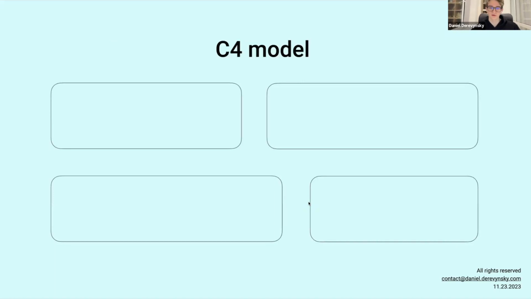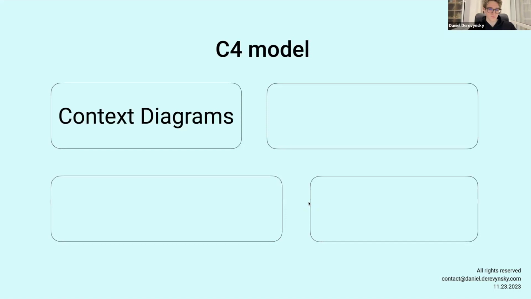Let's start the next section, and let's talk a bit more about the abstractions. For the software architecture diagrams, the ones that are mostly meant for documentation purposes, there is a really interesting model that I want you to become familiar with. It's called the C4 model.